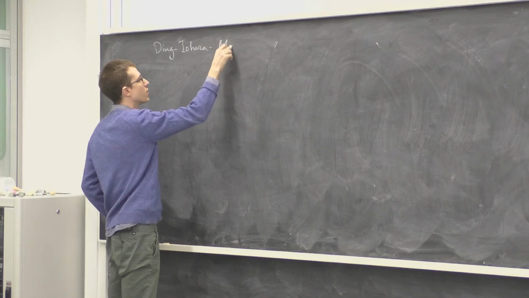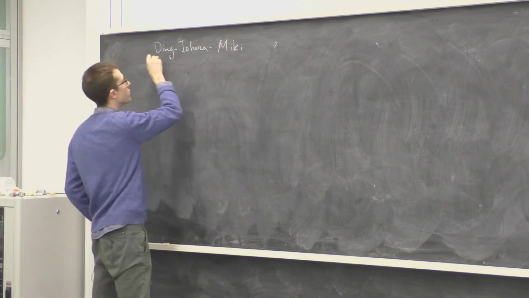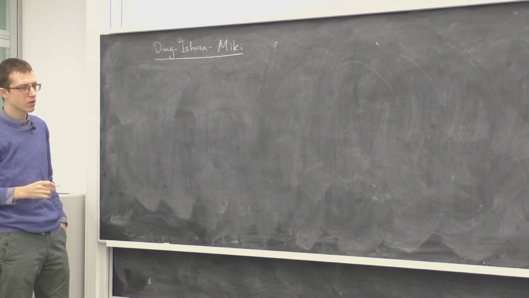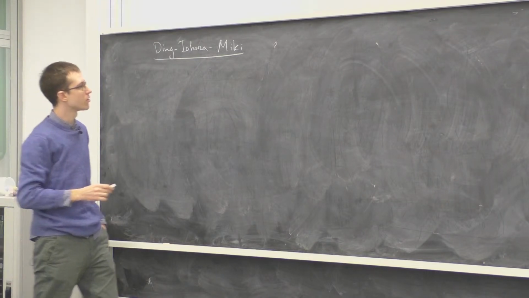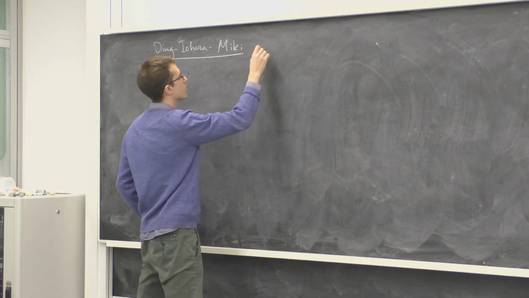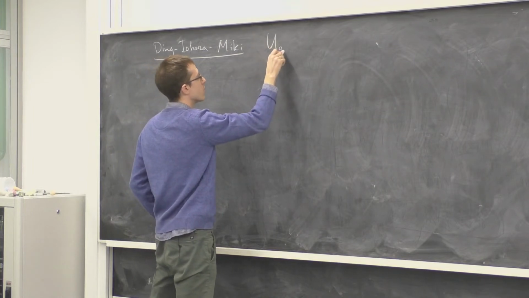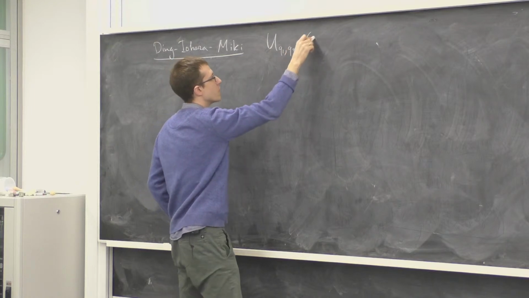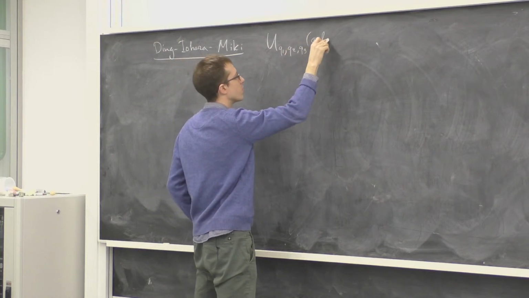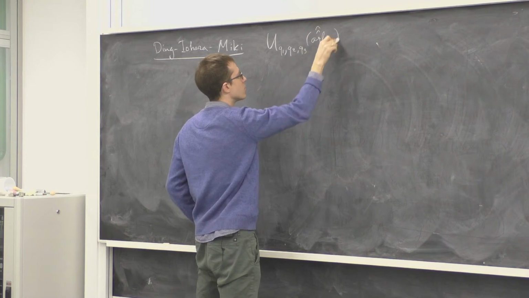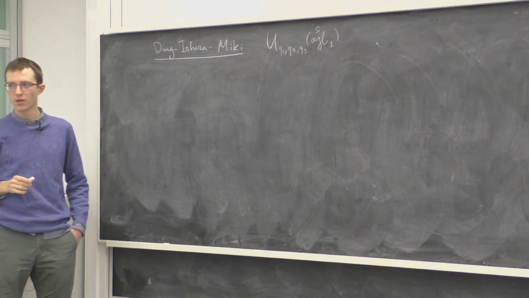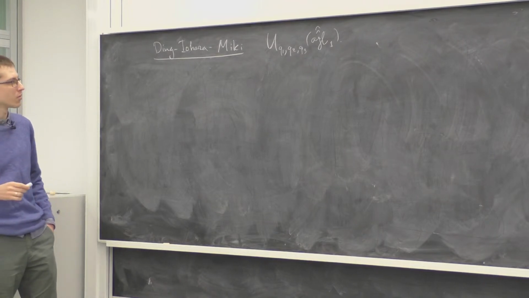There are lots of names, and many people approached this subject in different ways and invented different names for this algebra. And also there are many notations, of course. So this is sort of a double loop algebra, a quantum deformation of a double loop algebra.